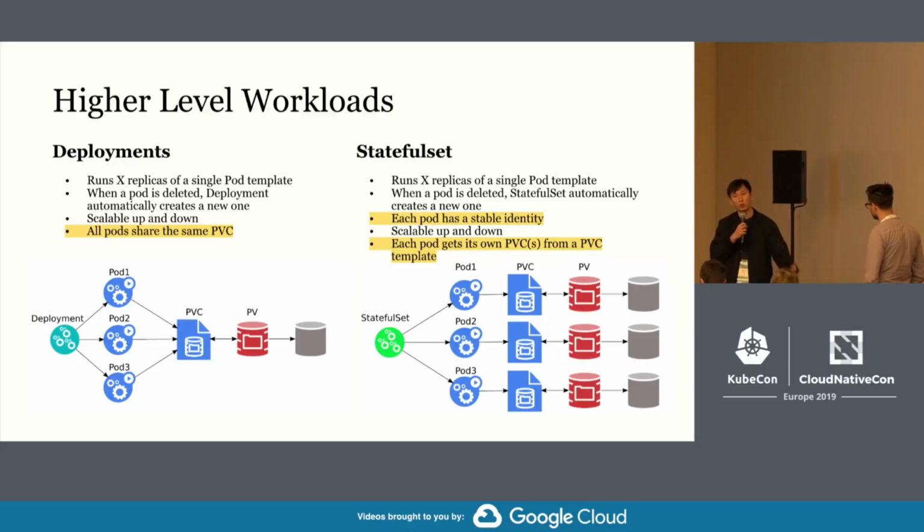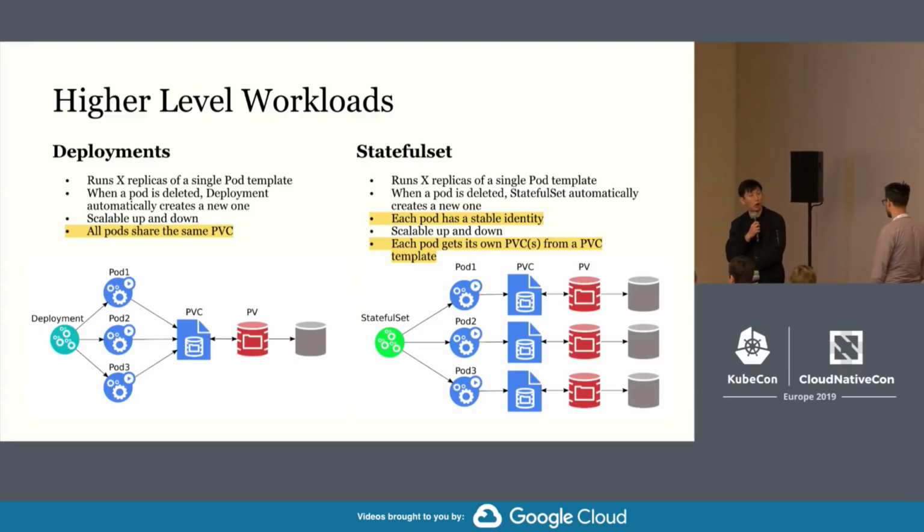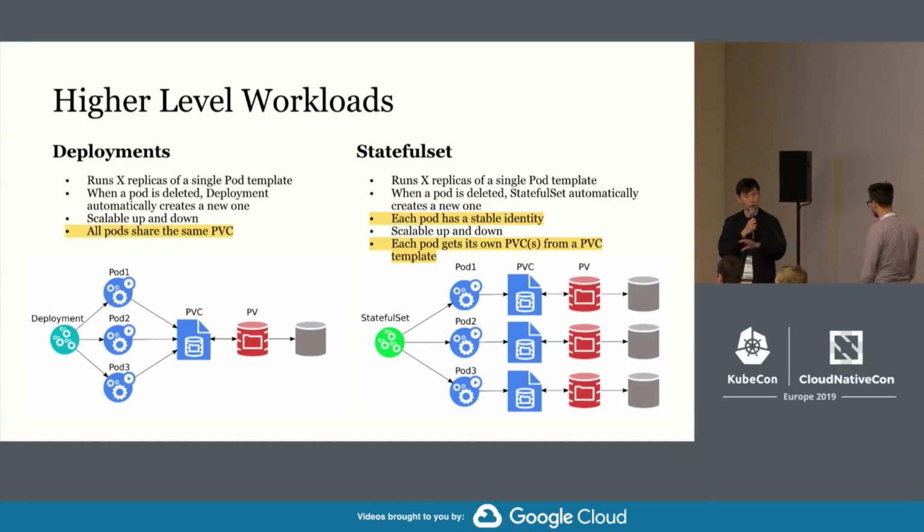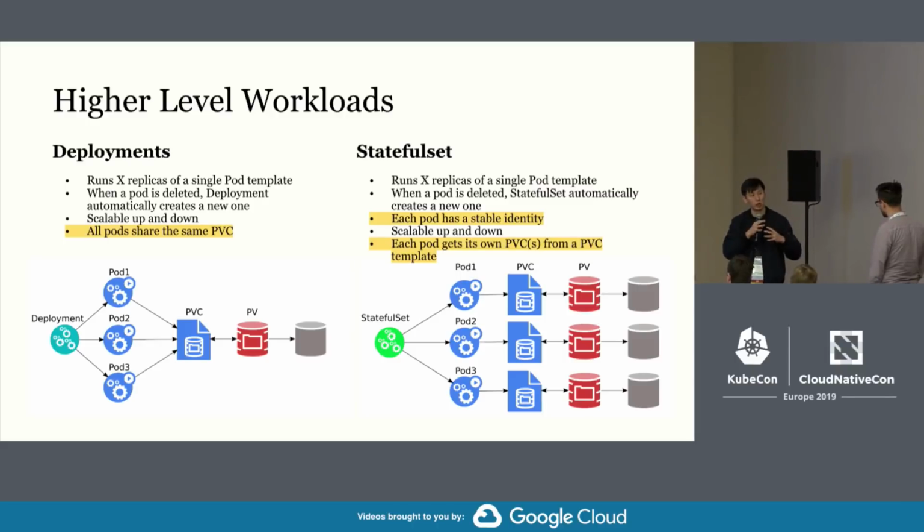So say they all need SSDs from GCE. You would have 1 storage class for that, and your masters and your slaves would all use that 1 storage class. If you want SSDs for your masters, but some other type, maybe NFS or hard disk, for your slaves, then that's when you would have 2 different storage classes. Storage class is a concept that binds a class of persistent volumes, a class of storage together. Did that answer your question?